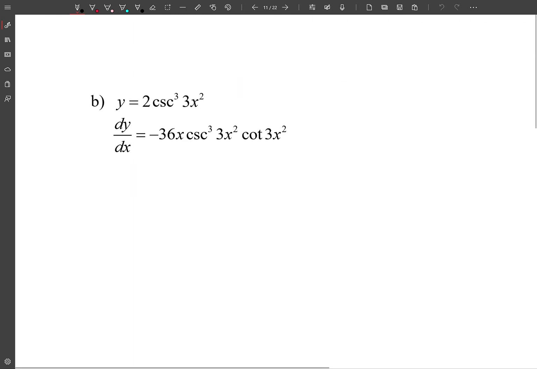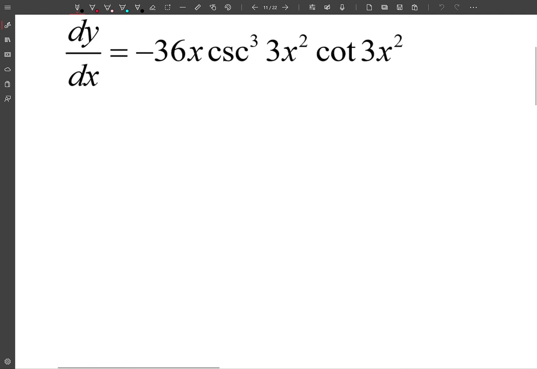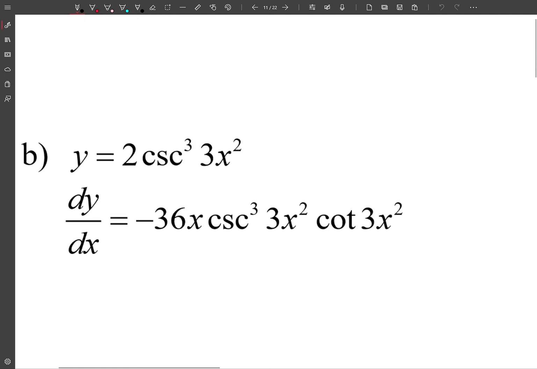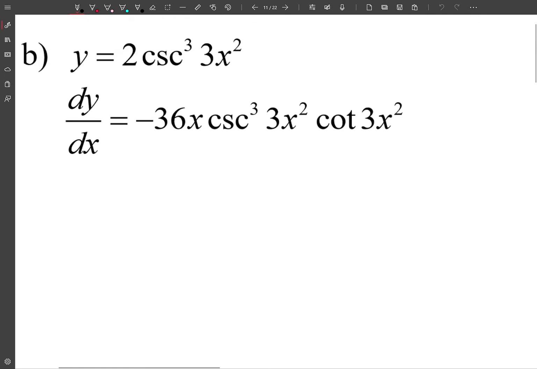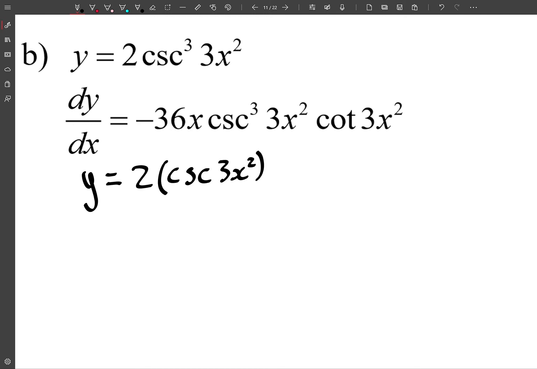So in this one, I am given 2 cosecant cubed of 3x squared. So this one's not going to be a product rule problem, but it is going to be a nice chain rule problem. Lots of chains in this one. So I'm just going to rewrite this one as 2 cosecant of 3x squared, all cubed, just to make this a little bit easier to work with.